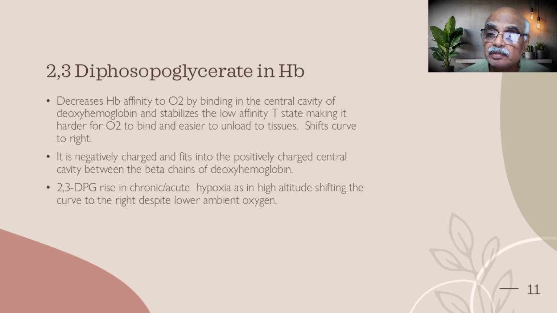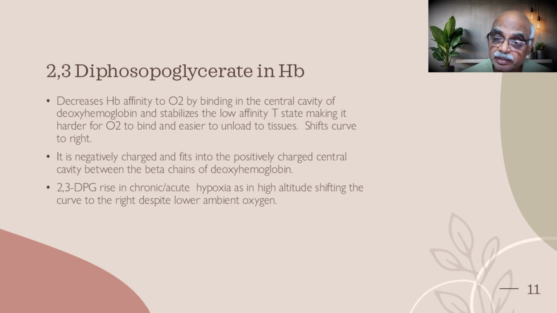And this amount of 2,3-diphosphoglycerate rises in chronic or acute hypoxic states, as occurs in mountain climbers, where the shift in the oxygen dissociation curve occurs despite the reduction in the ambient oxygen level.